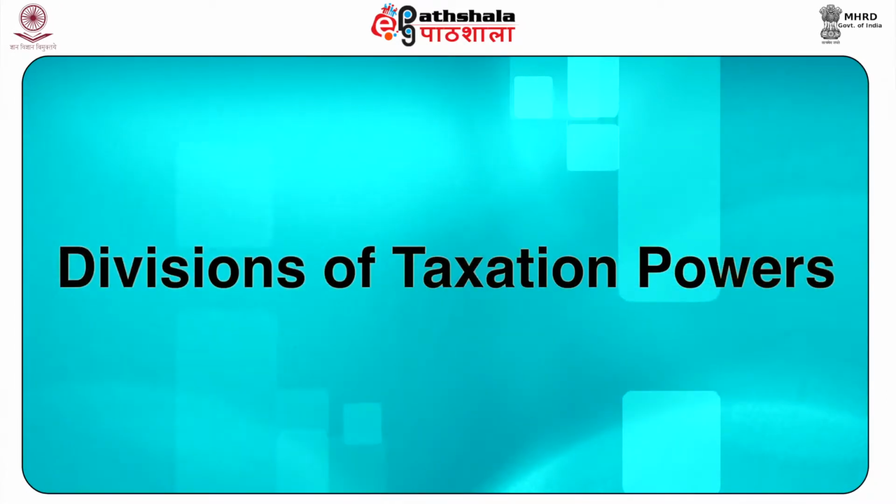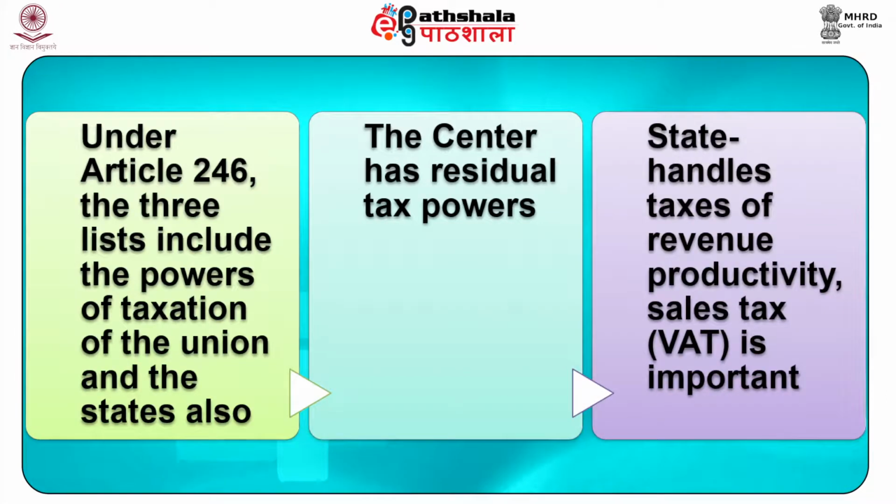Second, division of taxation powers. Under Article 246, the three lists include the power of taxation of the union and the states. Most broad-based and progressive tax handles have been assigned to the center. The center has residual tax powers.